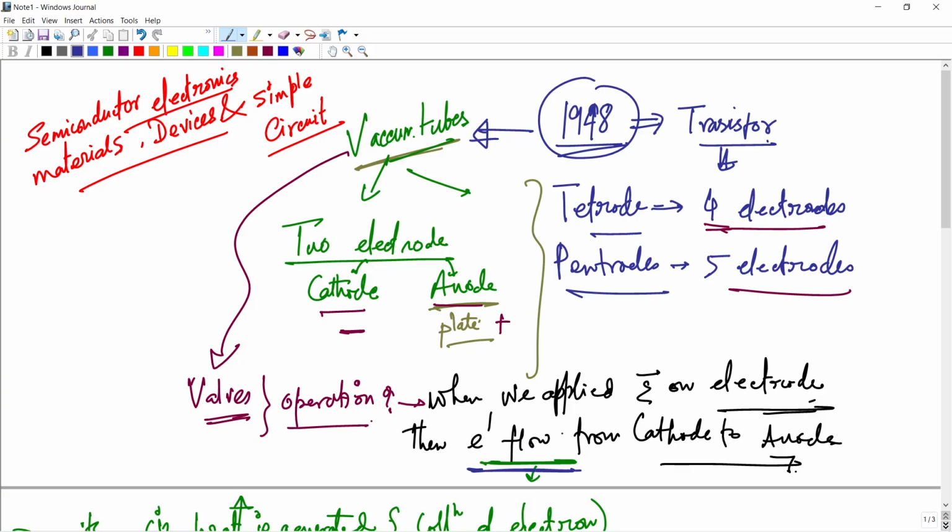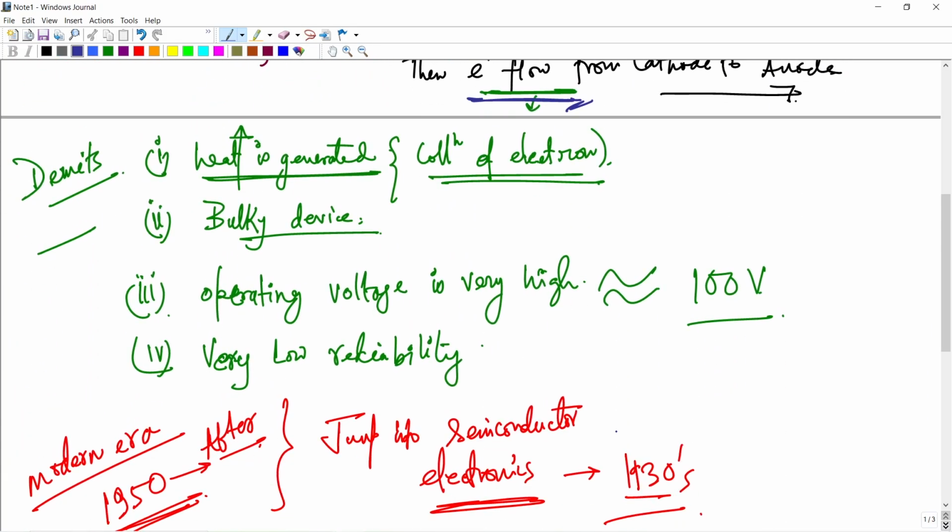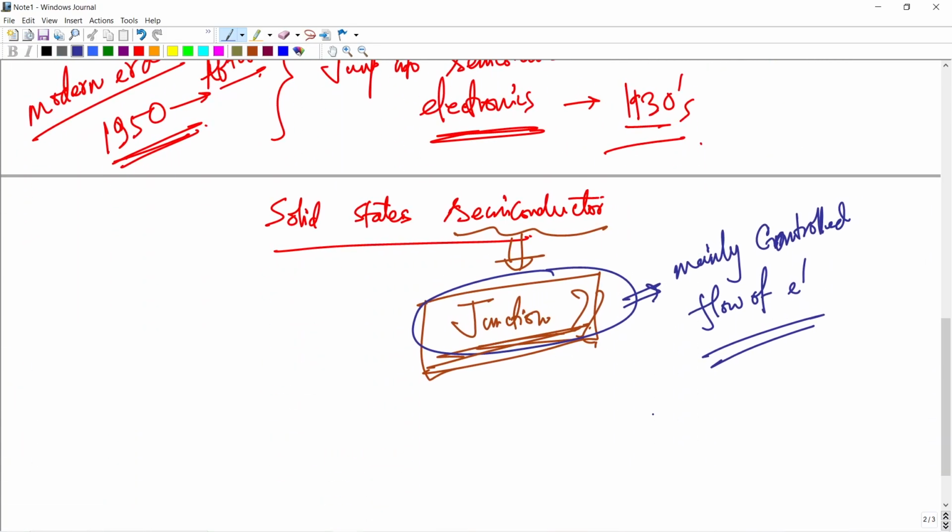When we discuss vacuum tubes, there is an electron flow, and controlling that flow is very typical: we control it by increasing or decreasing the applied electric field. But here we control the electron flow with the help of the junction. Without a junction, vacuum tubes fail, but the semiconductor is mostly successful because it has a junction, and this junction mainly controls the flow of electrons.